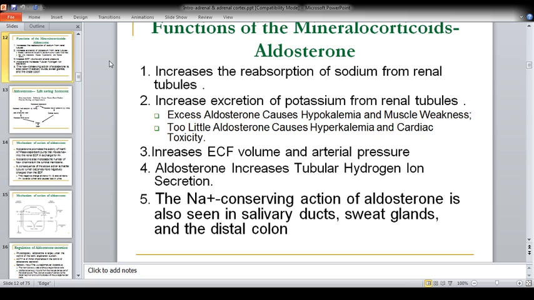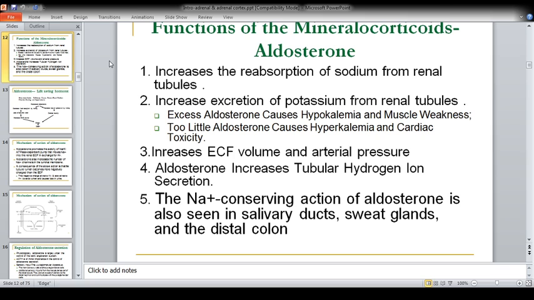So aldosterone would reabsorb sodium, which would in turn reabsorb water, and it would increase the blood pressure. Remember this. So there would be increased reabsorption of sodium and increased excretion of potassium from the renal tubules. So it increases the sodium in the blood and decreases the potassium levels in the blood.